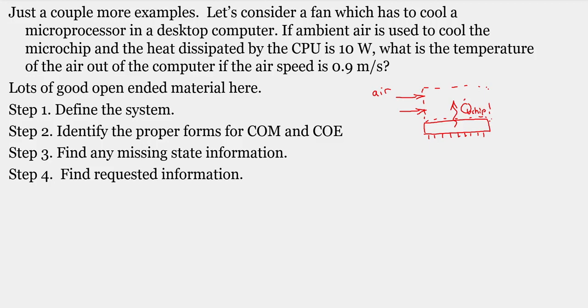So if you want to know the air temperature, the air really has to be the system you consider. So we've got this little box that's above the CPU, that's the air, where the airflow occurs in contact with the CPU. And there's a lot of good heat transfer questions that are associated with this too. So it kind of shows you how heat transfer and thermodynamics are very, very linked. So how big should this box be, right? How far up should it extend?